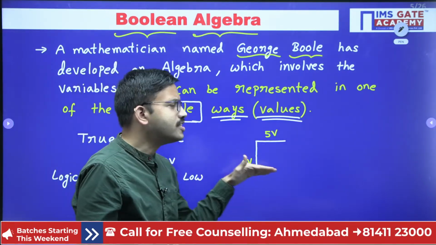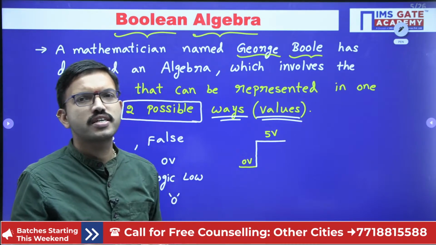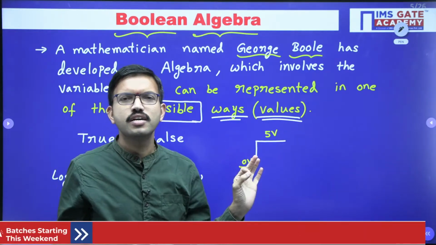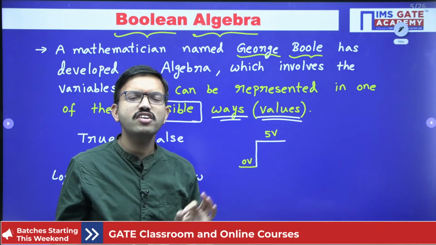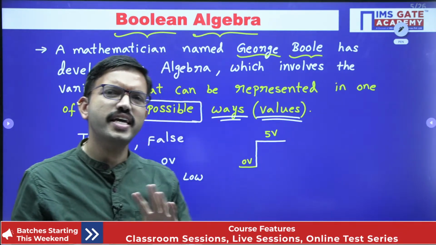And whatever Boolean functions you get, we have to implement those functions, right? So inside any digital circuit, you are having one main component. Can you guess what is the main component inside any digital circuit?